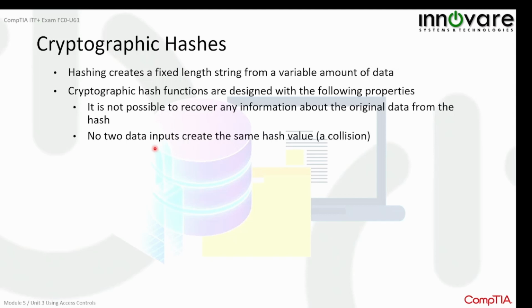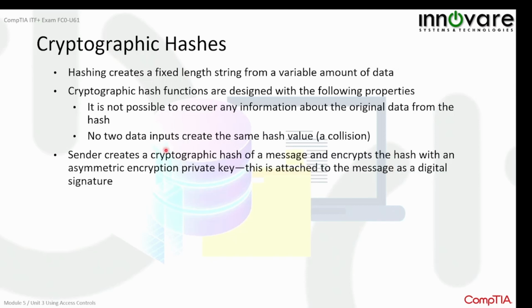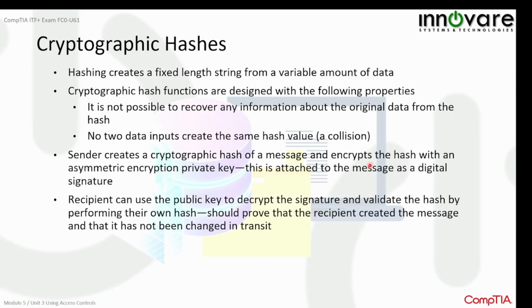And then, in cryptographic hashes, yung sender, ang mag-create ng hash, no? Hash message and encrypts the hash with an asymmetric encryption private key. So usually, itong encrypted hash kasama rin sa message as a digital signature. Now, yung receiver or recipient can use the public key issued by CA to decrypt the signature muna and validate the hash.